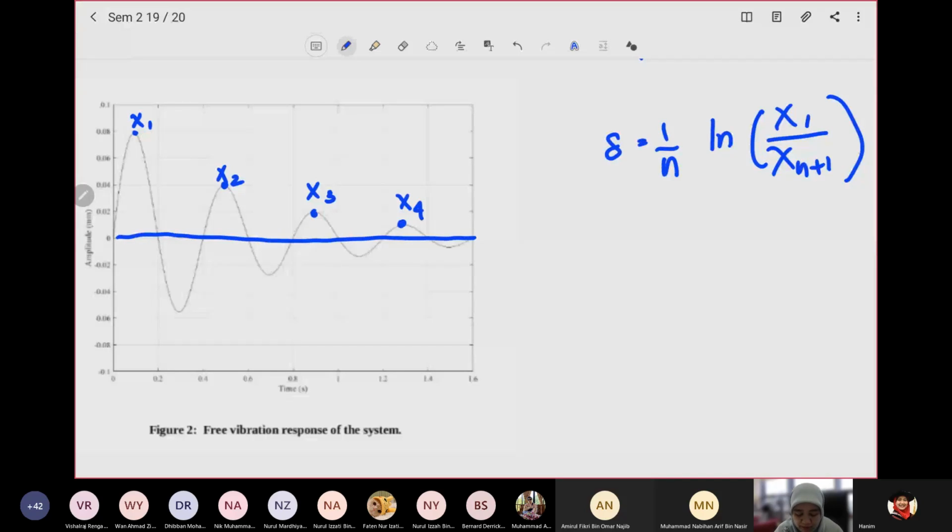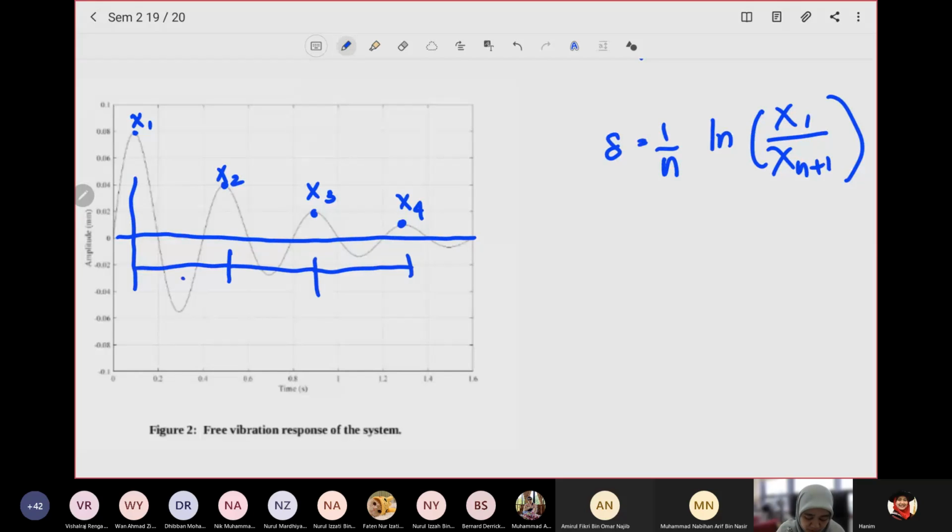So you have 4 peaks, but how many cycles, class? 3 cycles. Here to here, 1 cycle; here to here, another cycle; here to here, another cycle.